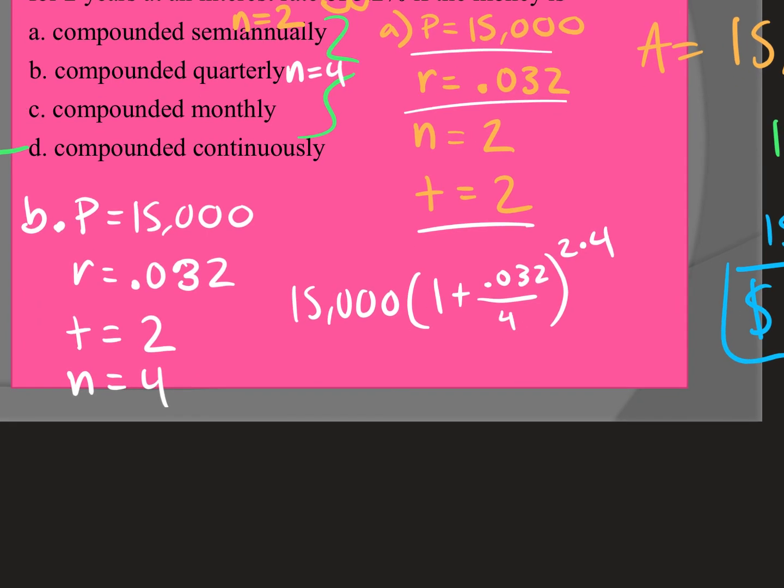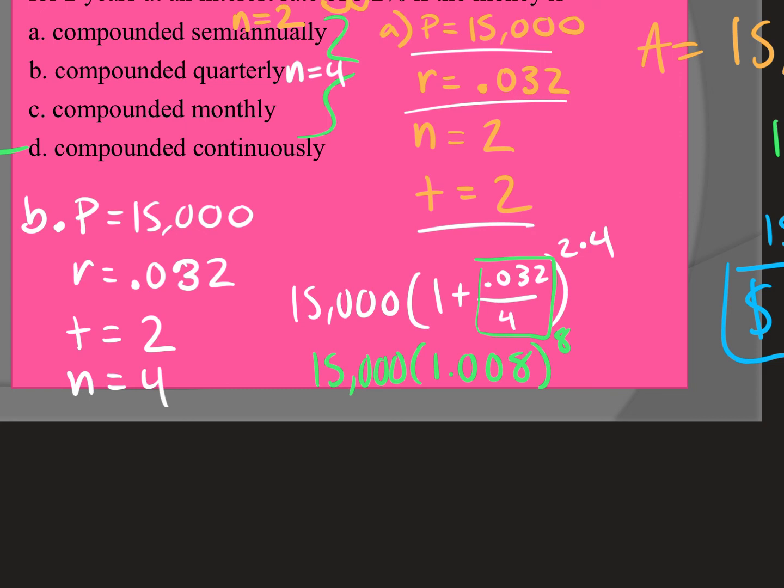So the first thing I want to do is inside my parentheses, I have to divide. So I'm going to put that in my calculator. 0.032 divided by 4. And then plus 1. So inside my parentheses, I get 1.008. What should I do next? Put it to the power of 8. Awesome.